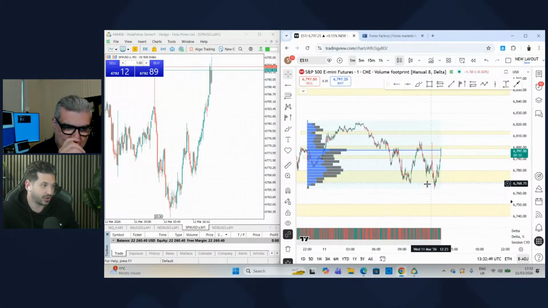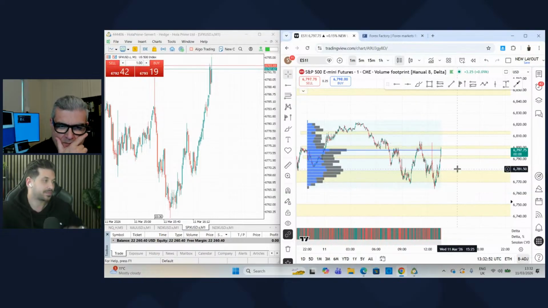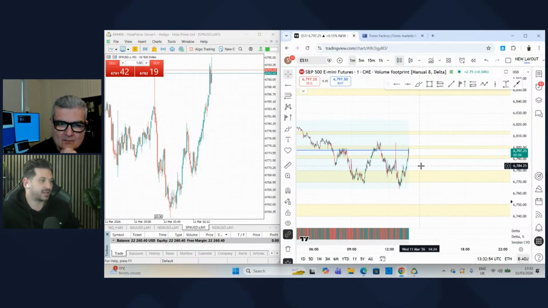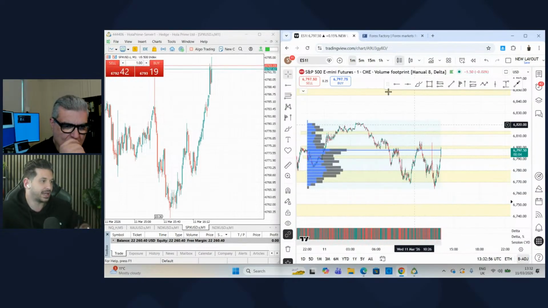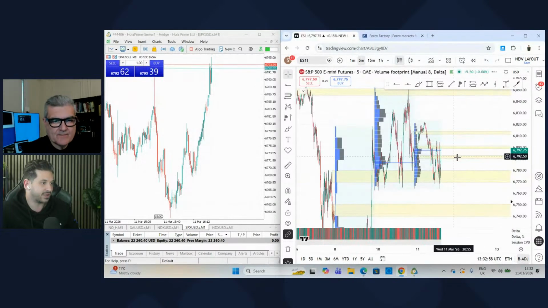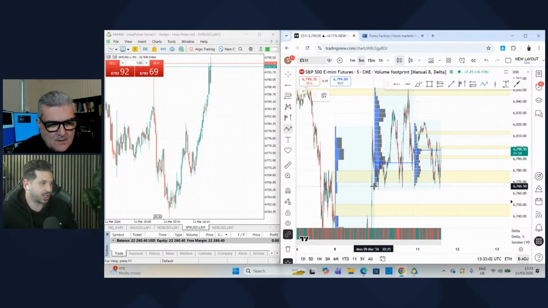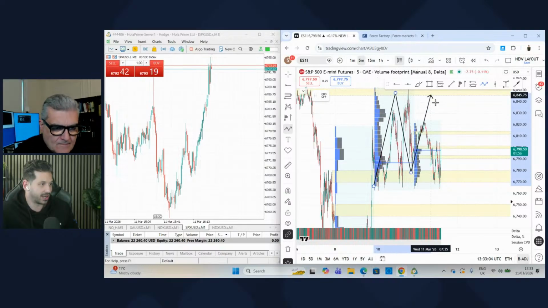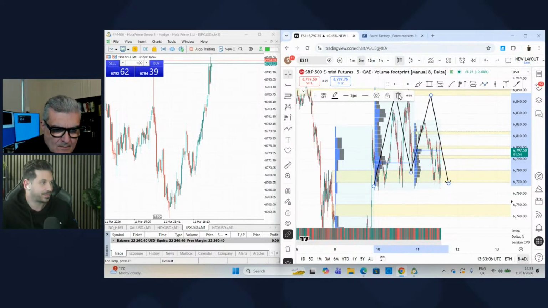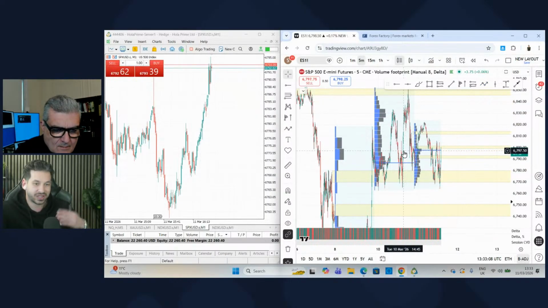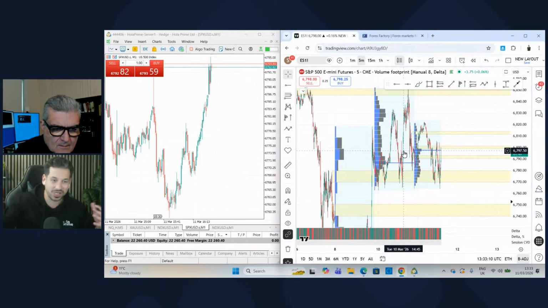Not too long ago we were down at these lows, so it makes sense, because we're in the middle of a range. If you squint your eyes, it's not the cleanest range, but we are somewhat in a range, right? Up and down here, we're in the middle, so which side do you go for, right?